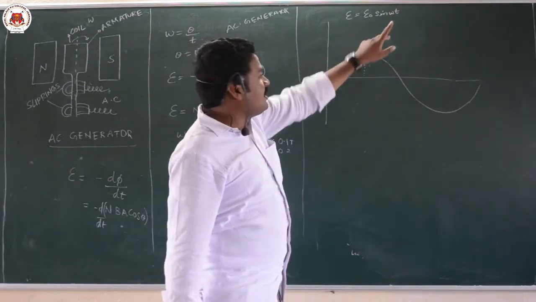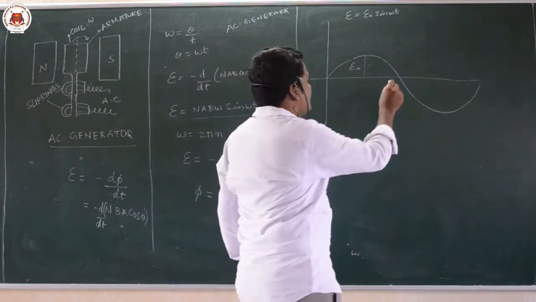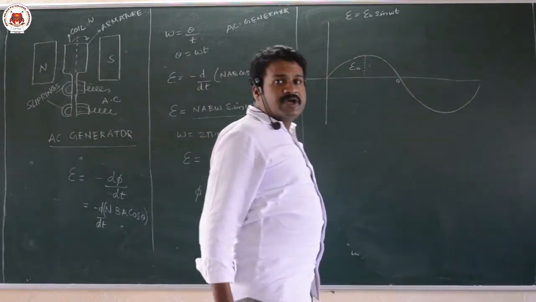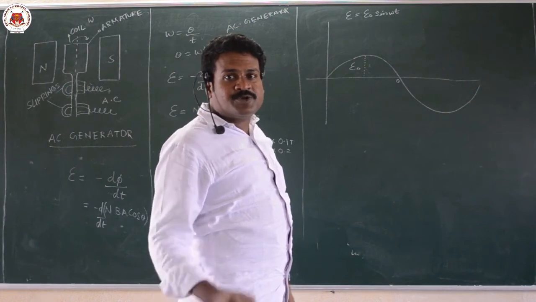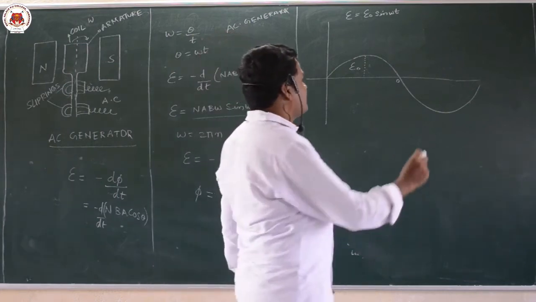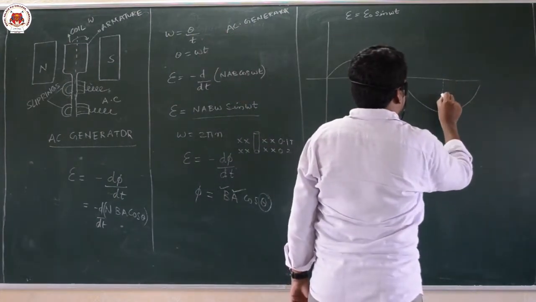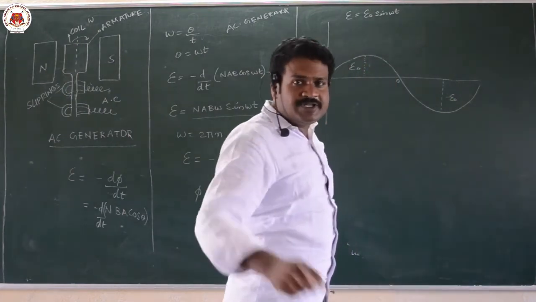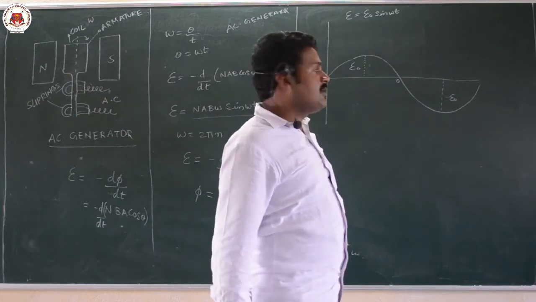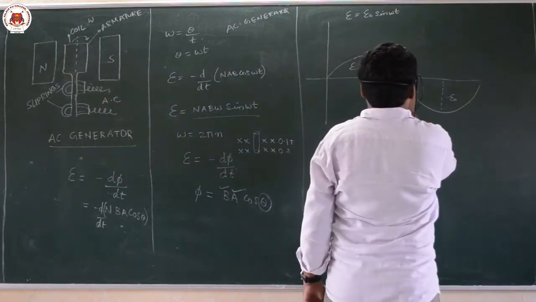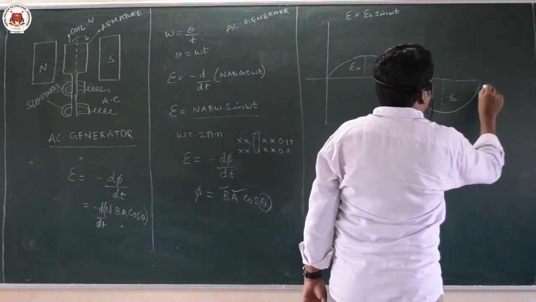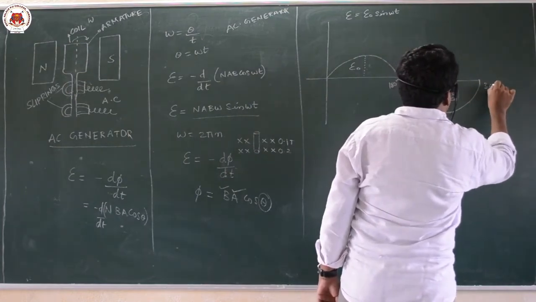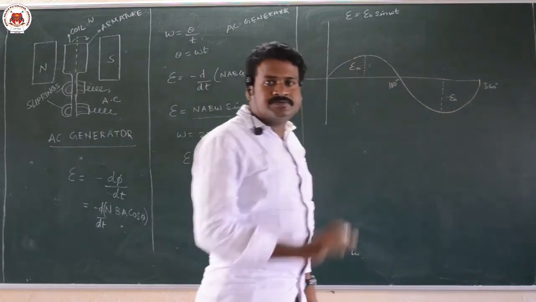Again when theta reaches 180, EMF will approach 0. Again when theta approaches 270, EMF is negative. You will get minus E naught. What is sin 270? Substitute here. Again at 360, you will get 0.